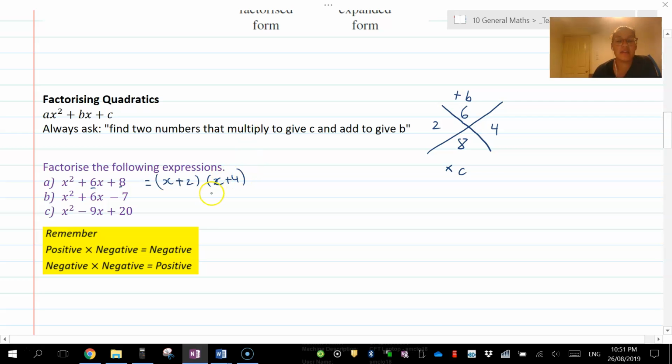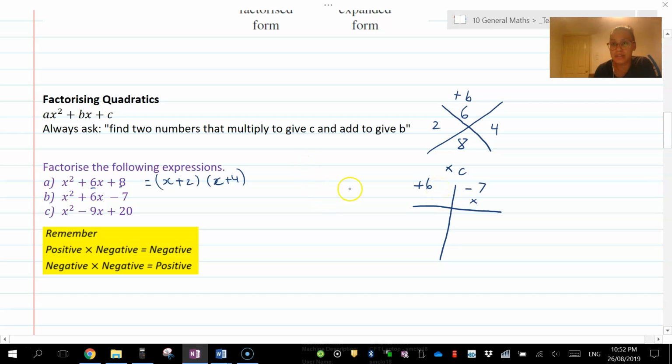And then this one here, we have a negative number. You can keep using this grid. Another method you might like to use is what I've seen called a tally. I want numbers that add to plus 6 and multiply to minus 7.